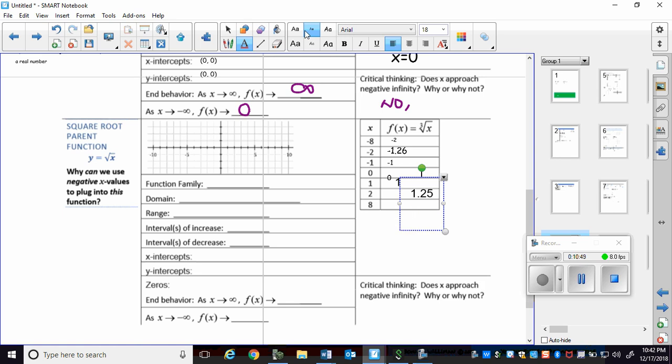I know because I just checked. And for 8, I have 2. There we go. A little bit haphazard, but it works.